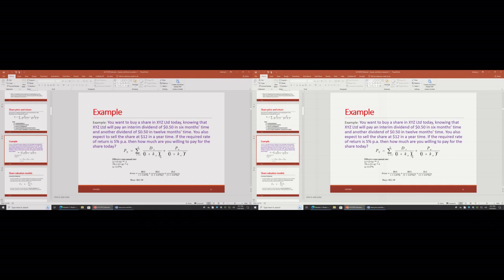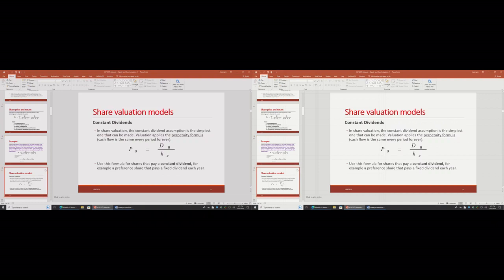In this case, we actually have 3 different types of dividend patterns. The first one is very simple: just a constant dividend. This is just the assumption, or one potential case in the real world, even though it's really rare to see companies pay constant dividends. So the first one is very theoretical and simple.